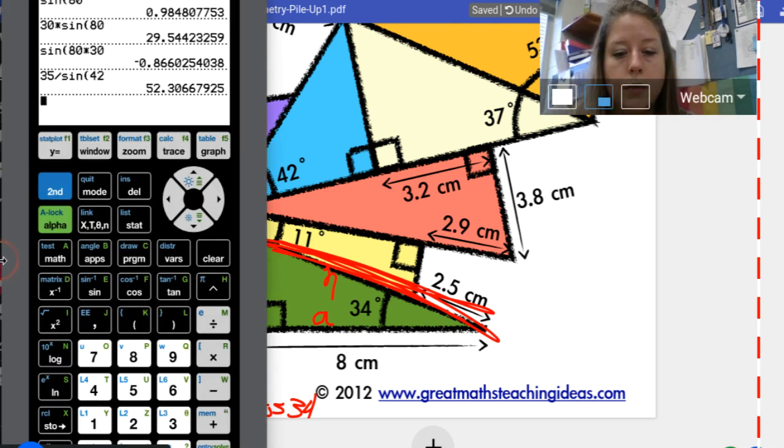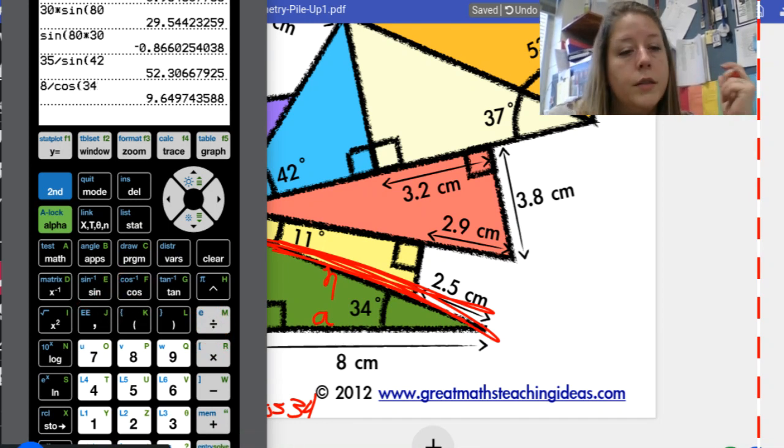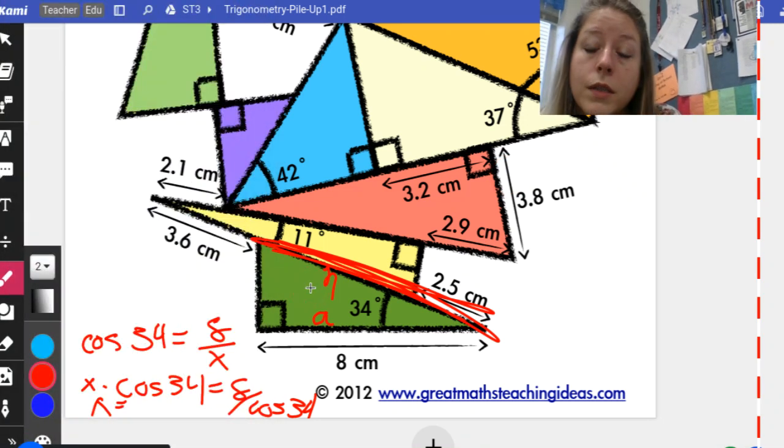So x equals 9.6. All these numbers are in tenths, so let's round to tenths. So now that is the whole side that I have highlighted in red.